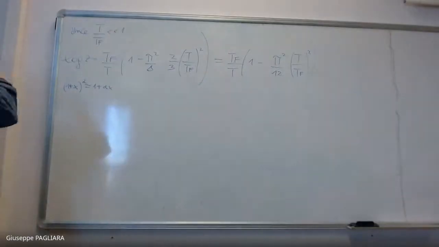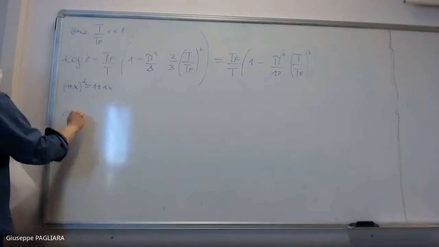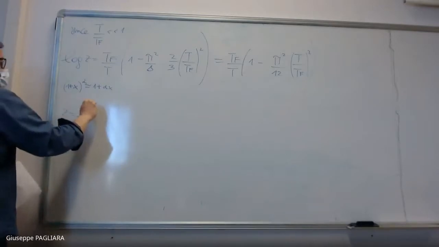From here, z was the exponential of beta mu.